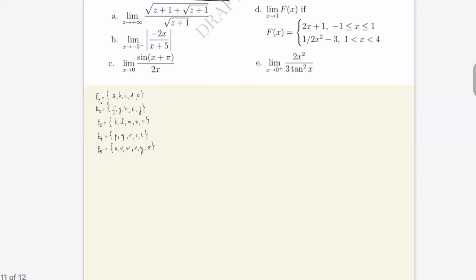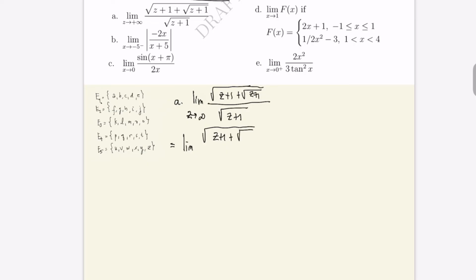So for letter E, how is this done? This is the limit of square root of z plus 1 plus square root of z plus 1 all over square root of z plus 1 as z approaches infinity. So what happens?